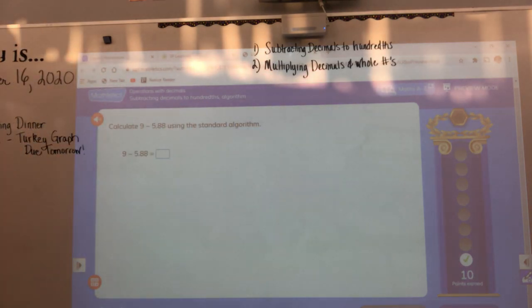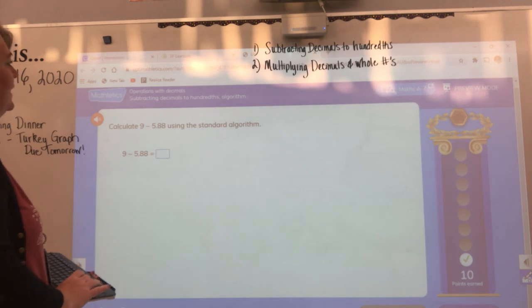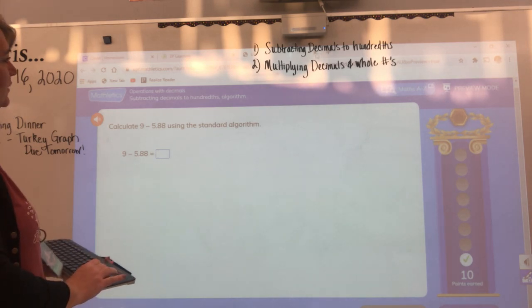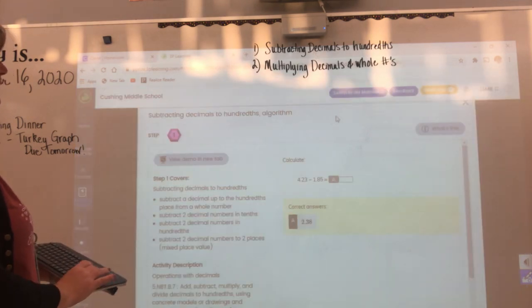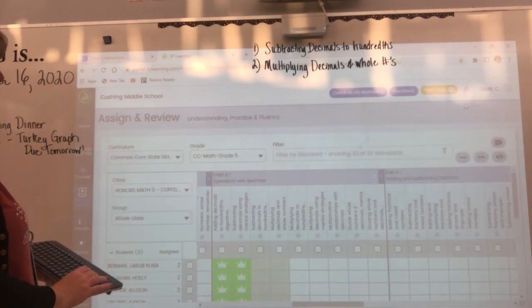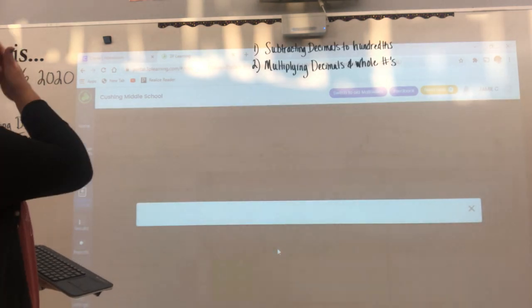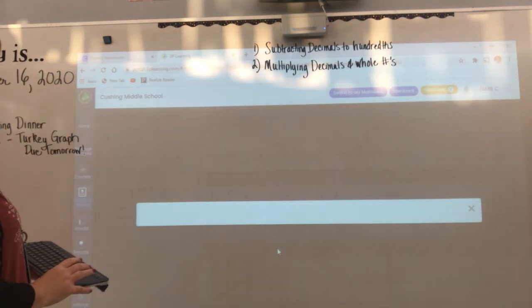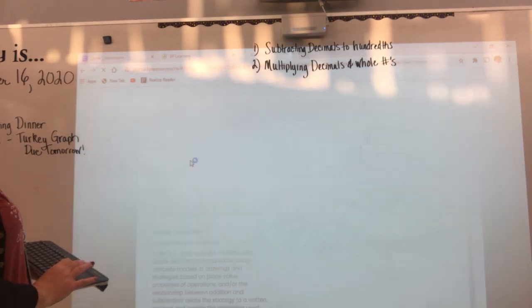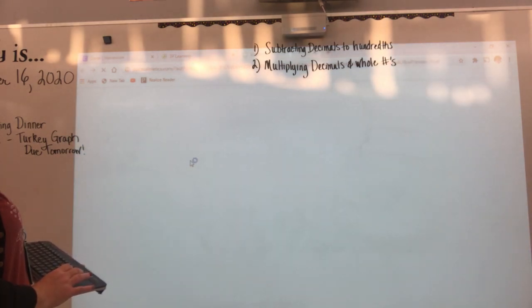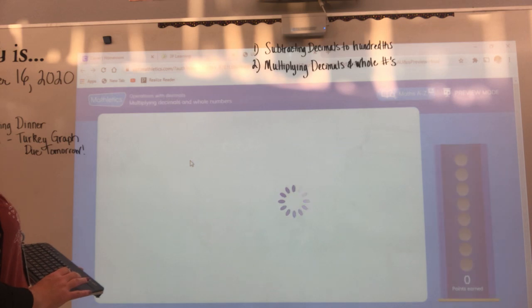Now I'm going to show you multiplying decimals to hundredths. So let me get out of this. This is on my screen, not on your screen, okay? This is teacher's screen. Okay, now multiplying is different.